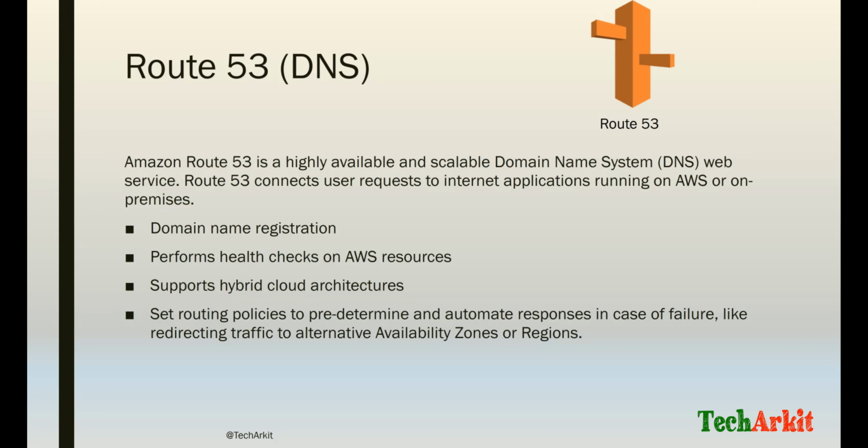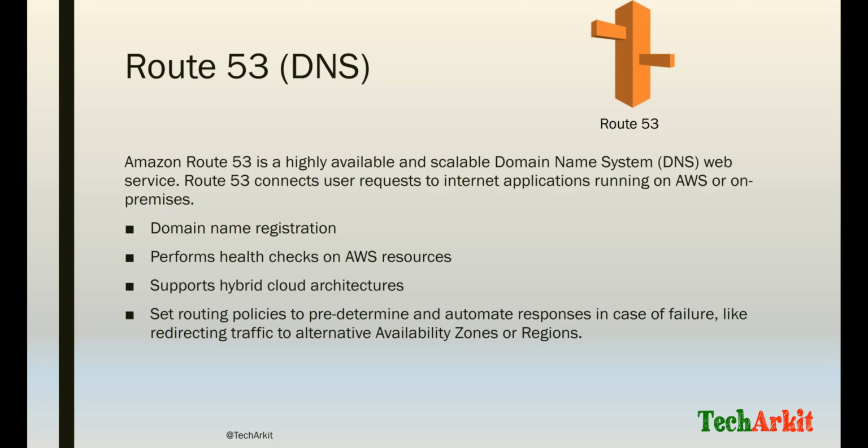It performs periodic health checks, which helps in checking the status of resources, and supports hybrid cloud architectures. You can set routing policies to predetermine and automate responses in case of failure, like redirecting the traffic to alternative availability zones or regions.